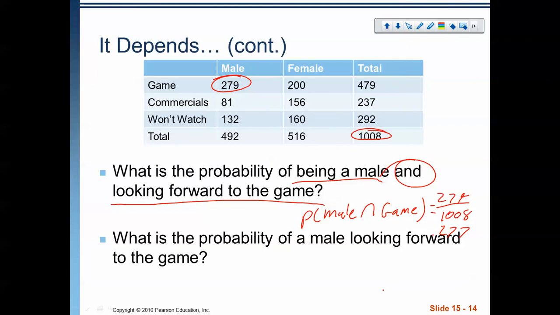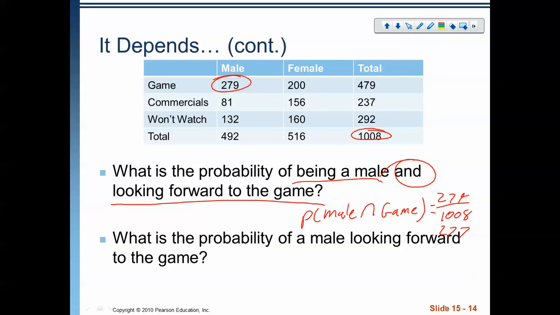Okay, next question. What's the probability of a male looking forward to the game? Okay, so what are we looking for here? What is the probability of a male looking forward to the game? Well, we know that a person is a male, right?